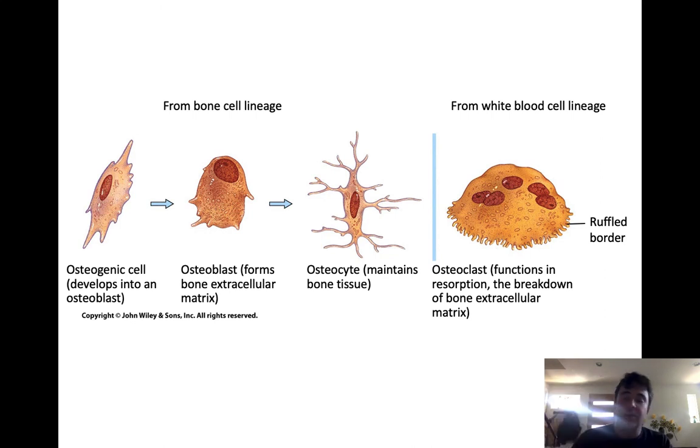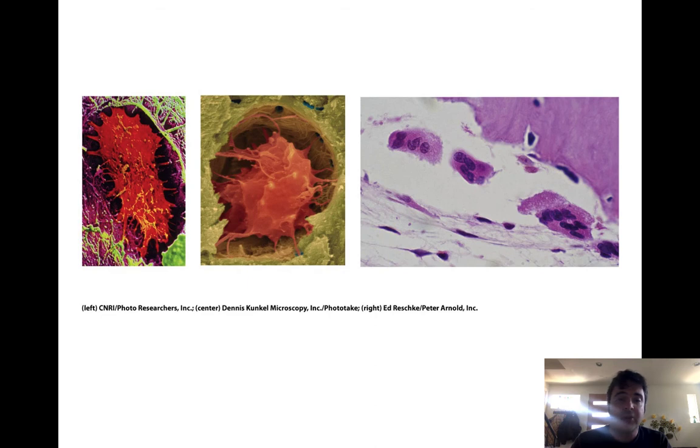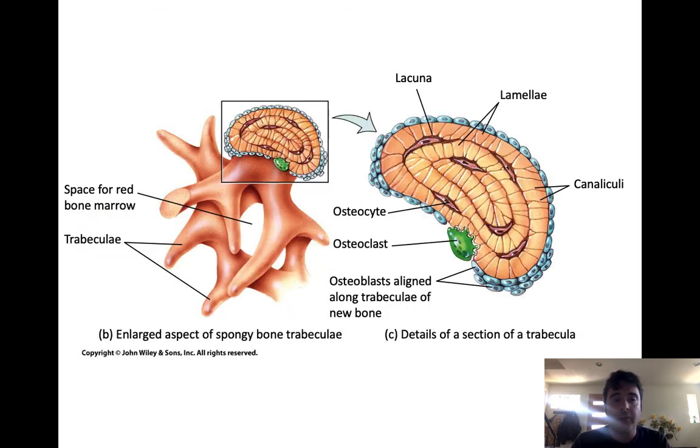Now, in the next lecture, we're going to talk about bone remodeling, but it's important to understand the distinction between those. So, when you're thinking about osteoblasts and osteoclasts, here we have some spongy bone connective tissue. Your osteoblasts are constantly making new bone, and the osteoclasts are constantly breaking bone down.